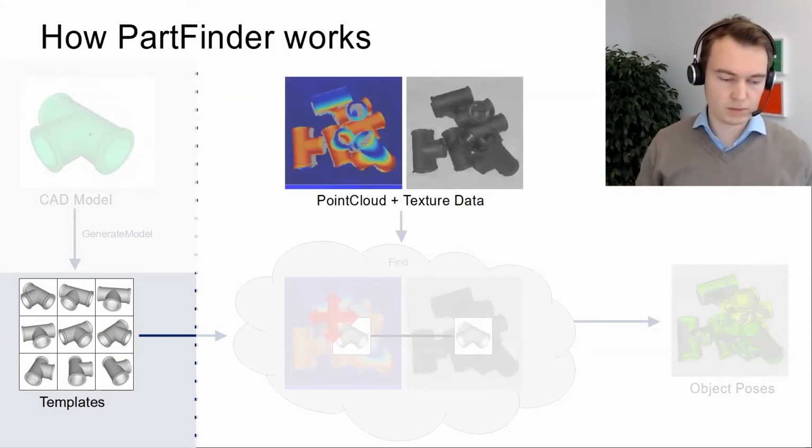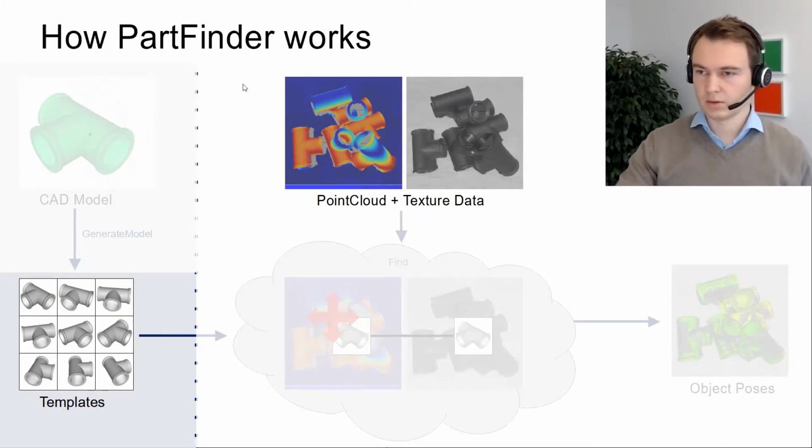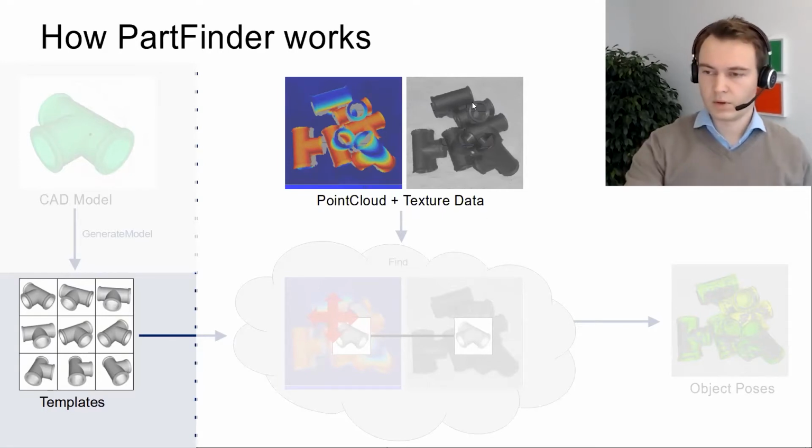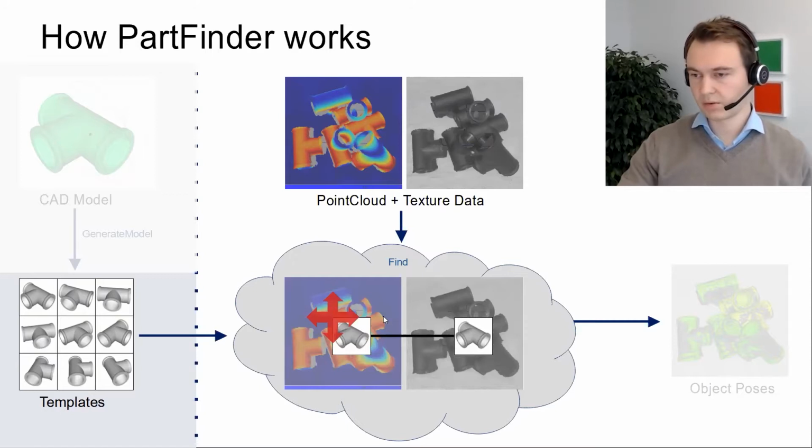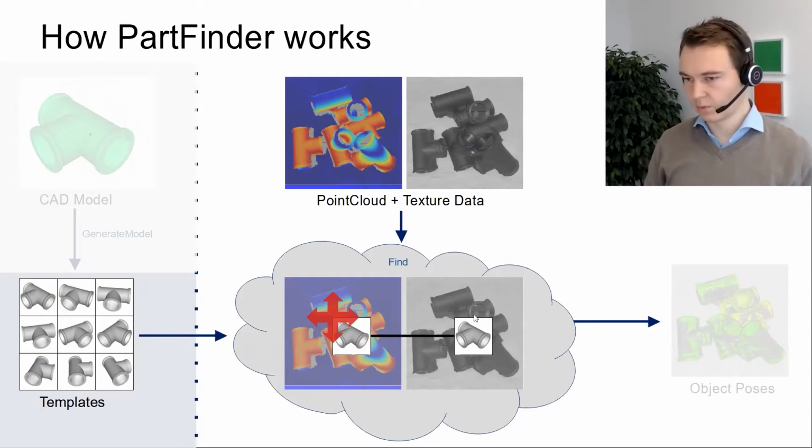Then we take a camera and capture a point cloud of our scene. Now you have here the depth data from the scene and the texture data. And this we feed into the search algorithm, which, roughly speaking, just convolves the depth template and the texture template with the two layers that we have.